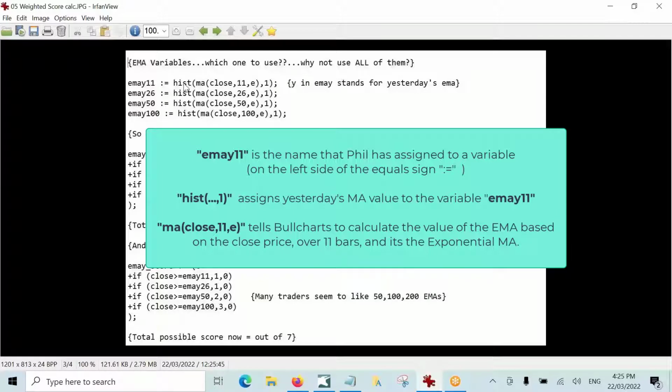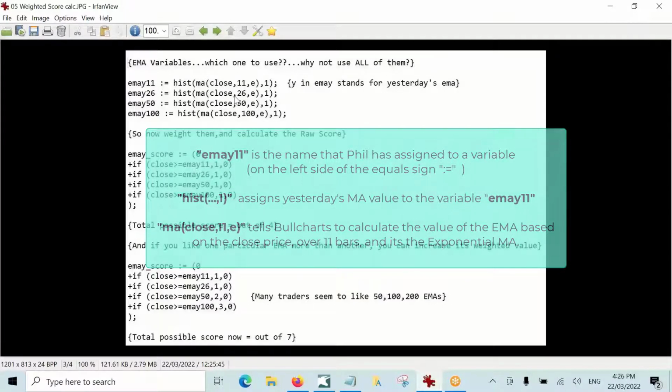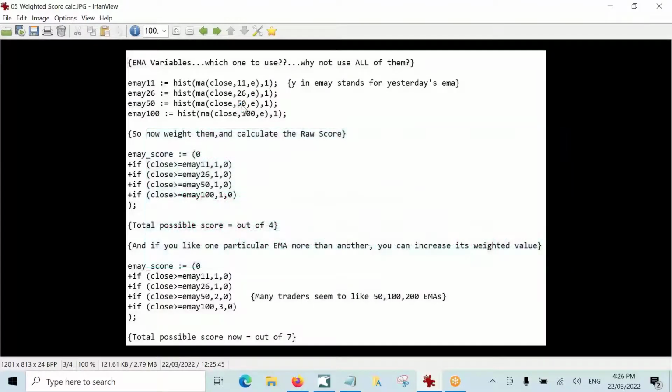And the 1 indicates it's 1 day back. And don't forget to close the bracket and the semicolon. And similarly for 26 day, 50, 100. You've got to establish all your variables first of all.